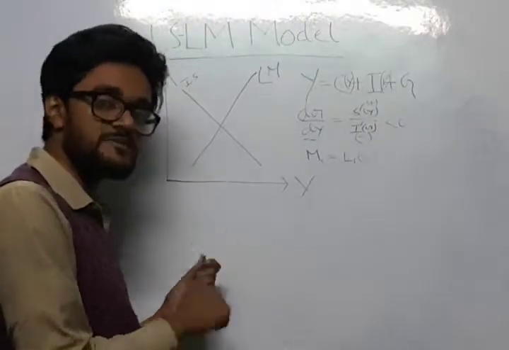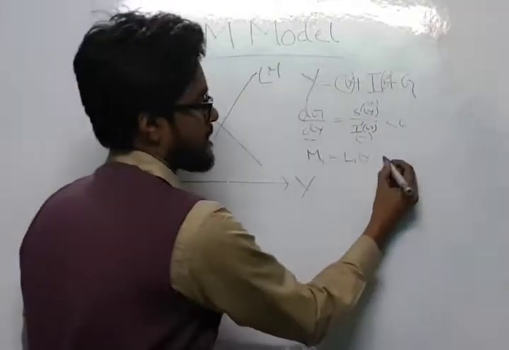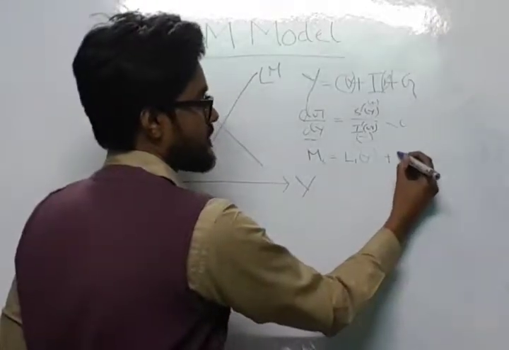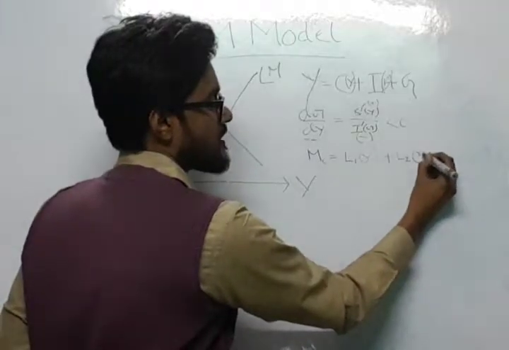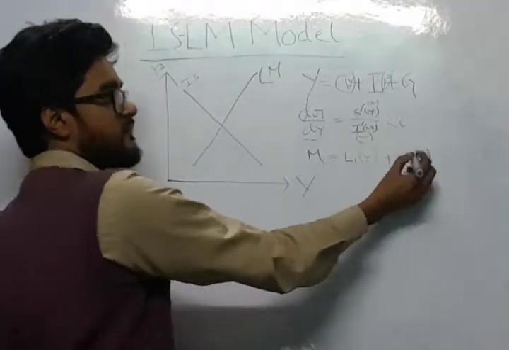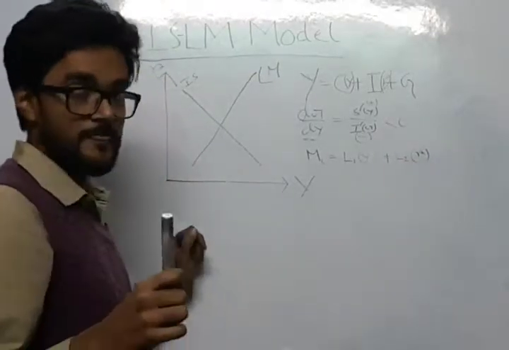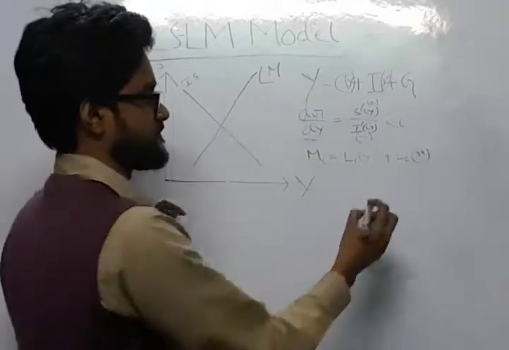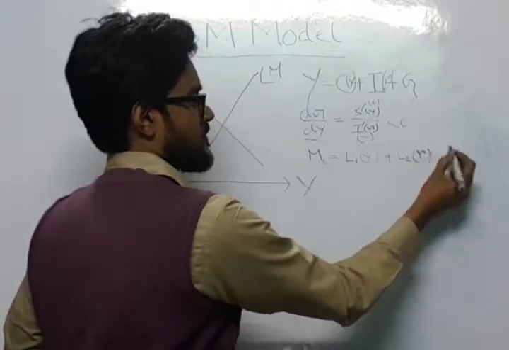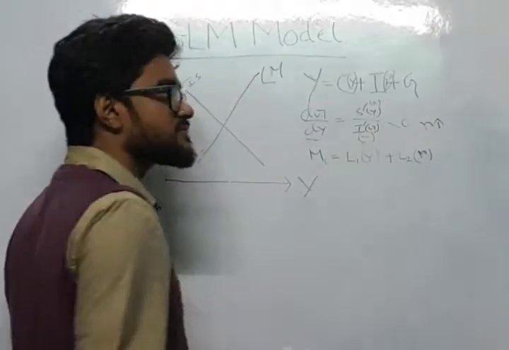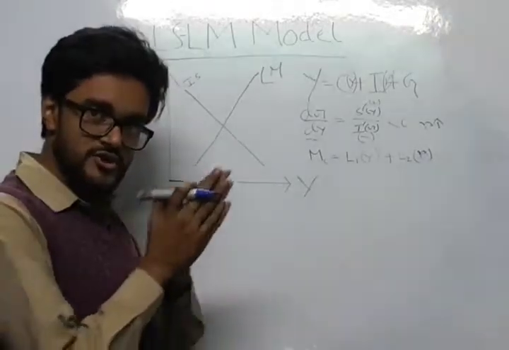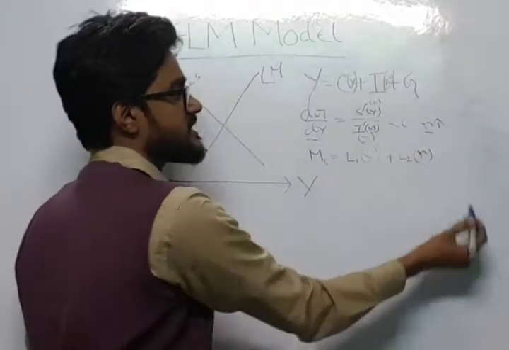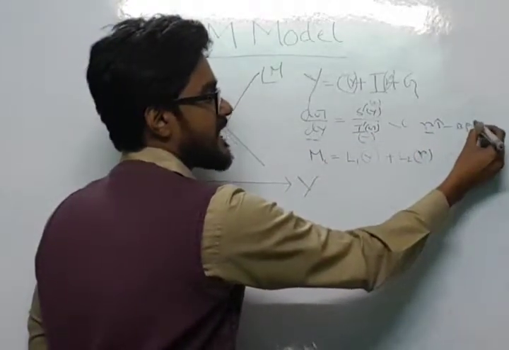Precautionary purpose involves savings, and plus you demand money for speculative purposes, which is L2R, which depends on interest rate. Speculative demand for money depends on interest rate, and the relationship between interest rate and speculative demand for money is always negative. When R increases, you should know the relationship between interest rate and bond price is always negative. So when interest rate increases, the bond price is likely to fall.